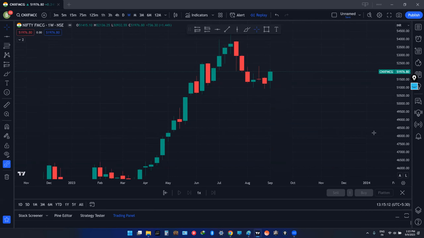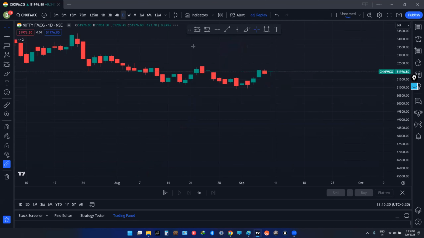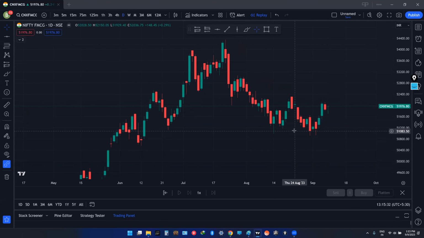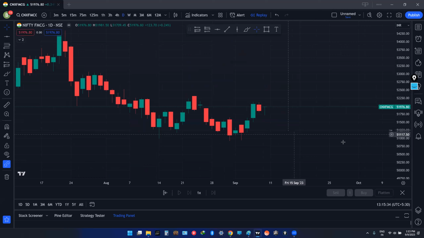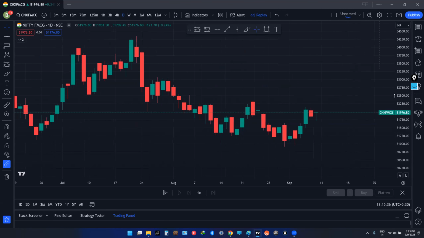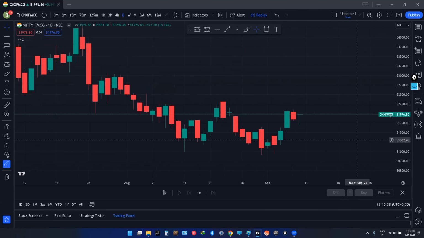In weekly also, looking good only, not that bad. Cannot see that first, second, third, but some halt in the price I am seeing. If this candle was not there, if there was a red candle like this, then I would have doubted. But this candle looks good for now. In daily, what can we see?